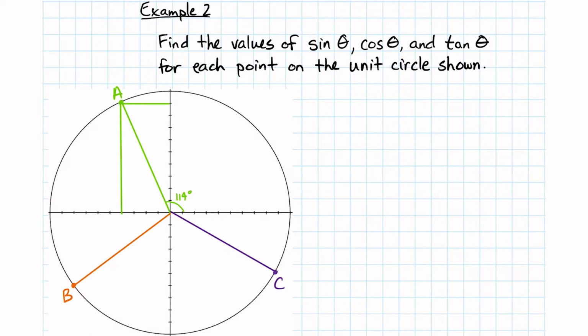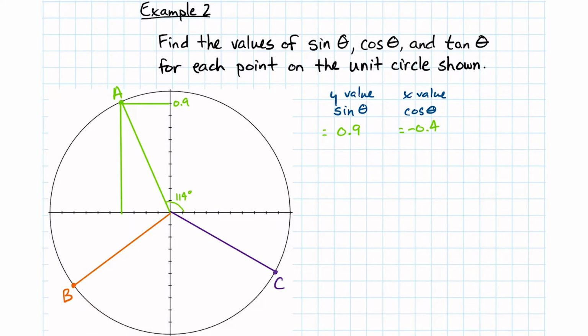Well, if we remember, from our explanation, the y value is the same as our sine value. So sine for angle A is going to equal my y, which is 0.9. We also remember that our x value is the same as our cosine, which for angle A is about negative 0.4.